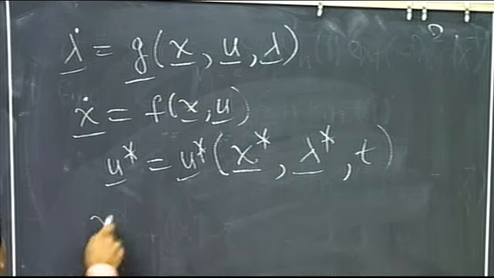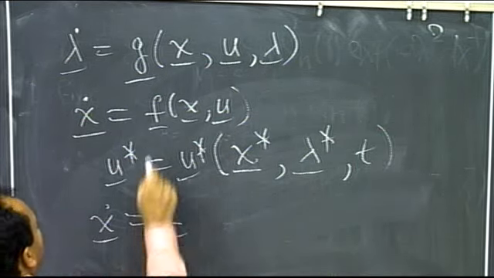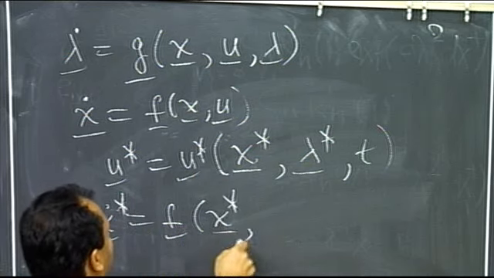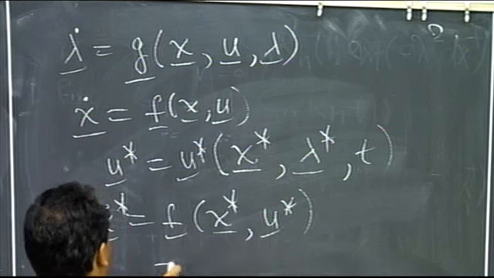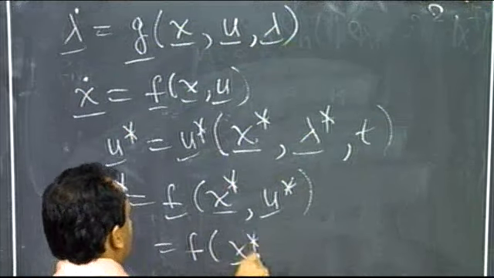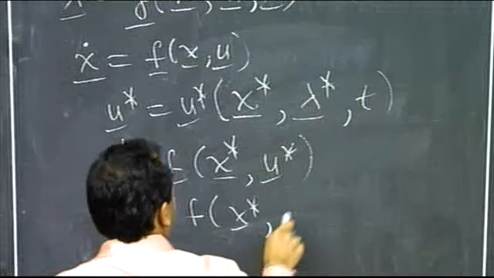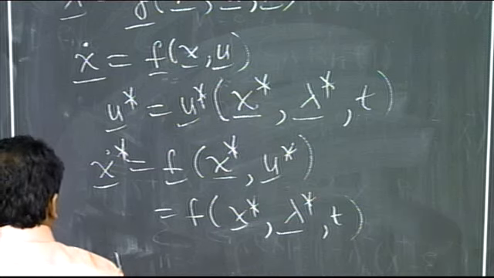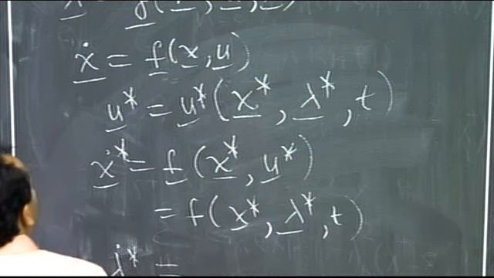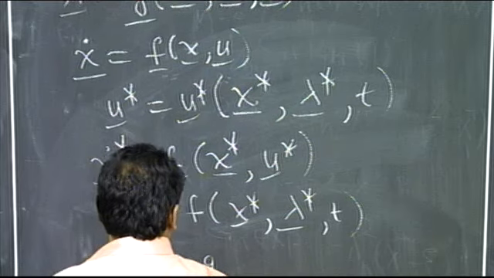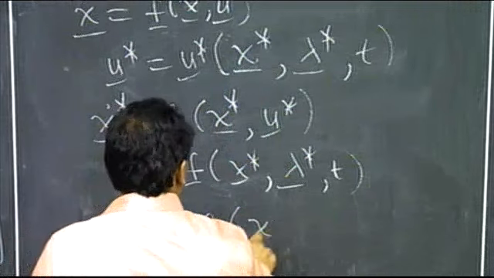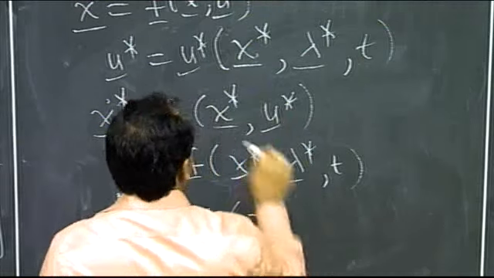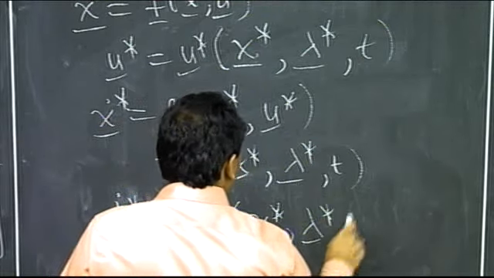So x dot star becomes a function of x star and u star, which is f of x star, lambda star, and t. And then the same thing for lambda dot star: it's a function of x star and u star, but u star is a function of x star and lambda star, and t.